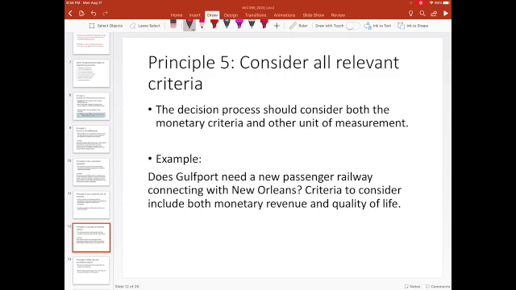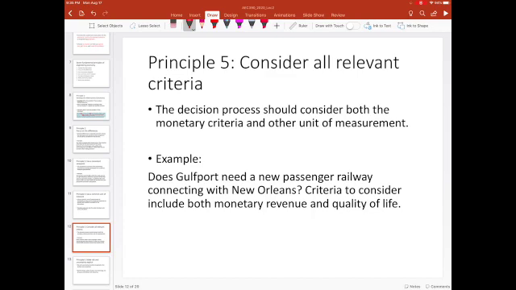You can have small businesses around it, and it will bring the town new visitors, so that you can boost your local economy. All of these things added up together will change your quality of life. But how do we quantify the quality of life? There is no specific way to translate that into US dollars. So that's something unmeasurable, but you still need to consider that, because that's very important.